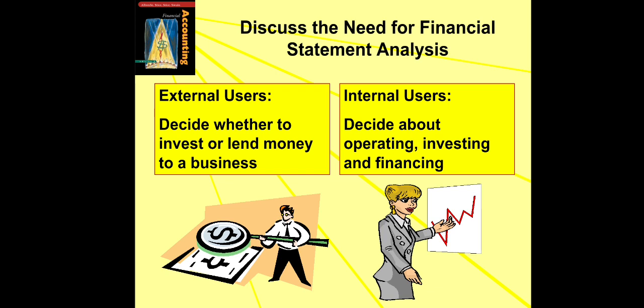If the supplier sees that the business is not good, then they will not allow a credit transaction. So creditors do financial statement analysis to make a credit decision. They decide whether to give credit or not to give credit.